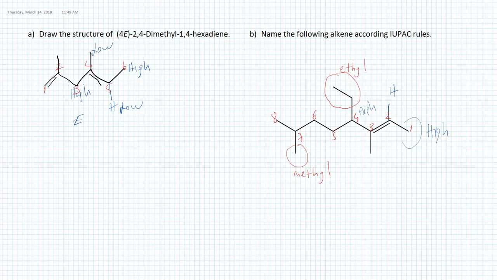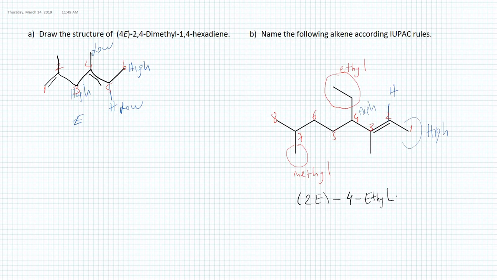So let's start writing the name of this molecule. We have to start with parentheses. This is E, but where is the location of E? 2. So we have to say 2E, but if you don't say 2, that's also going to be correct, since we have just one double bond here. So dash. Let's start with the substituents. We have ethyl and methyl. Alphabetically, ethyl, the first letter E, comes before methyl, M. So we have to say 4-ethyl. So let's write 4. The first letter is capital. 4-ethyl.